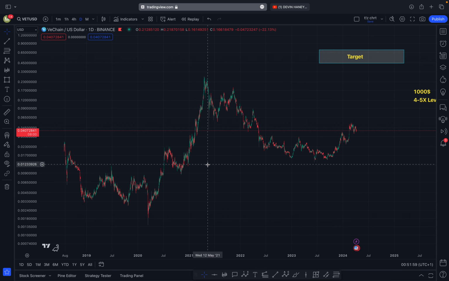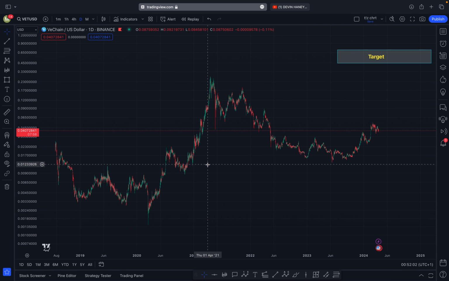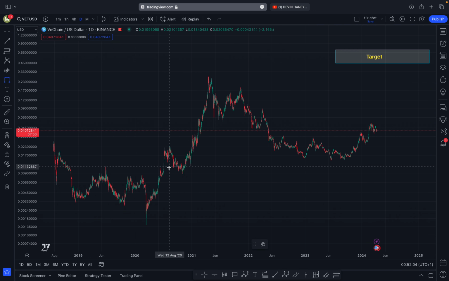Okay, so let's have a look at the past and let's see something where we can actually say this is similar. All right, I have one specific move, one specific hint in the chart that tells me right now that where we are is likely gonna be this specific point in time here for Vechain.